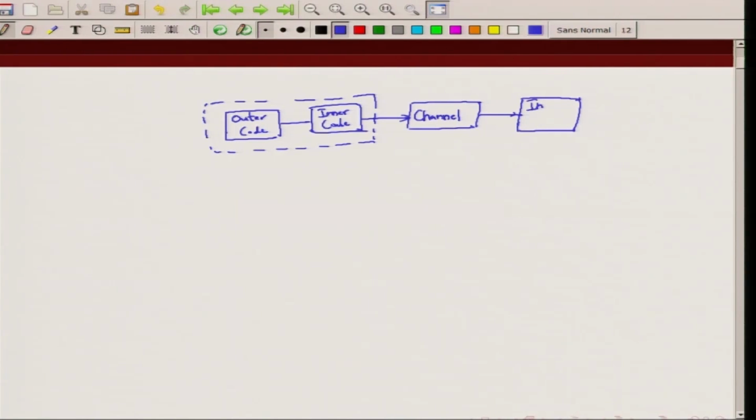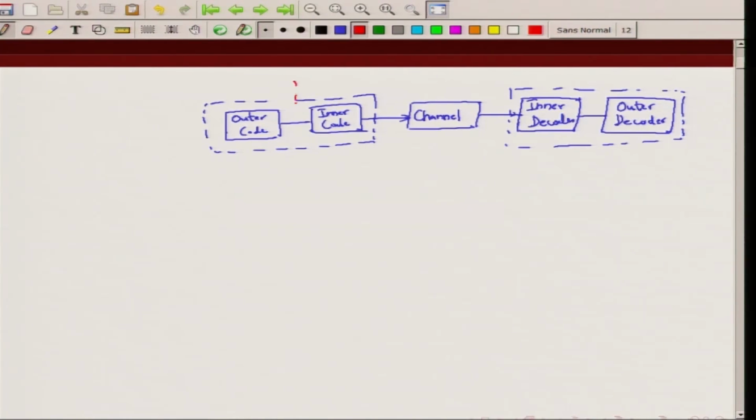So, you have the inner decoder, and then you have the outer decoder. Or you could also view this as your super channel, and these are codes on that.